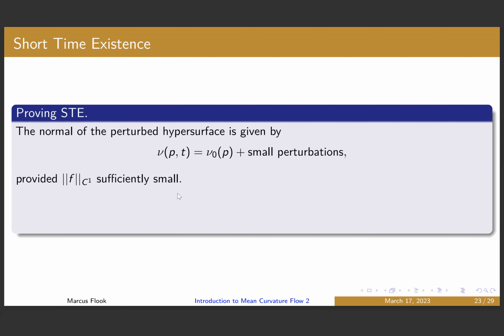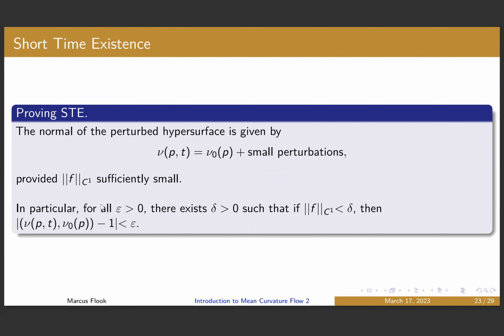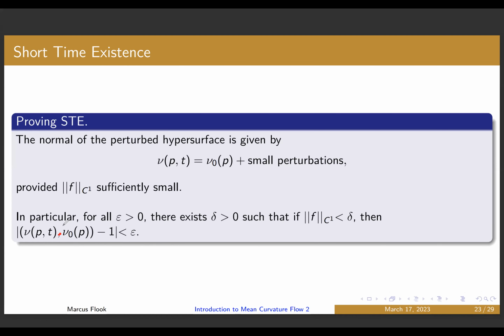More explicitly, just because this would be important as we're going to be dividing by this upcoming quantity, note that for all epsilon greater than 0, there's going to exist a delta such that if the C1 norm is bounded above by delta, then the difference between the dot products, sorry, I should have the dot product there, in R^{n+1} is going to be less than epsilon.